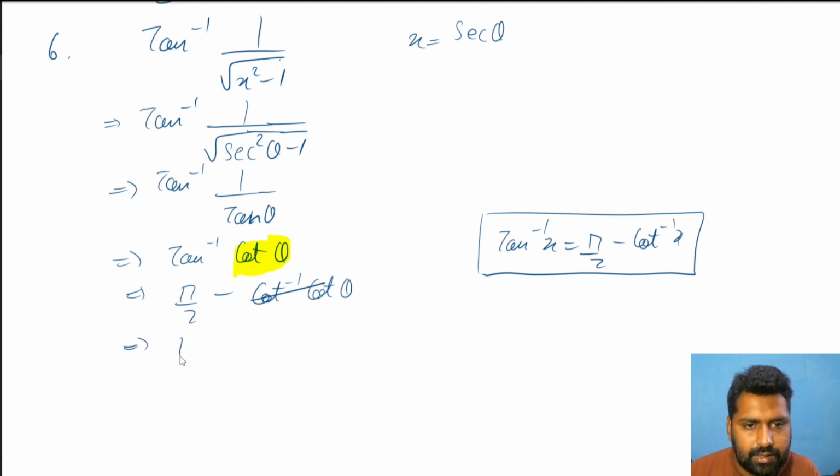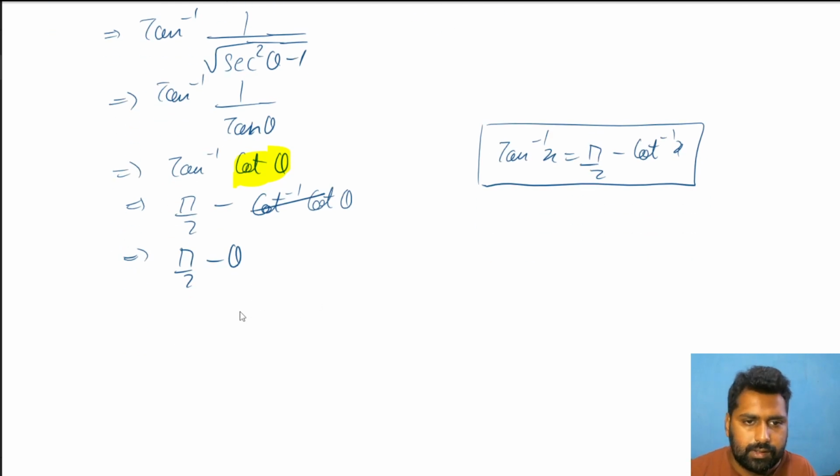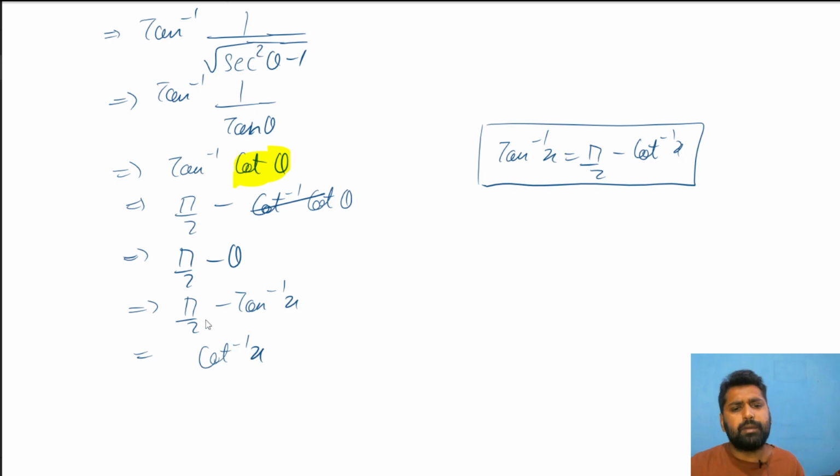So the answer is pi by 2 minus theta. Theta was tan inverse x. Again, pi by 2 minus tan inverse x can be rewritten as cot inverse x. So whenever you do pi by 2 minus, you change tan to cot, tan inverse to cot inverse, sine inverse to cos inverse, sec inverse to cosec inverse. That's the final answer.